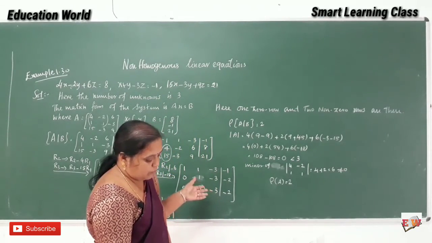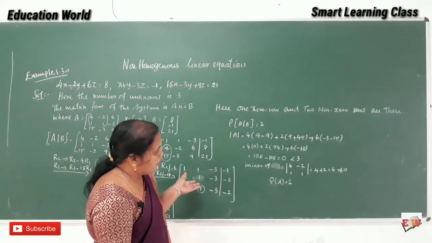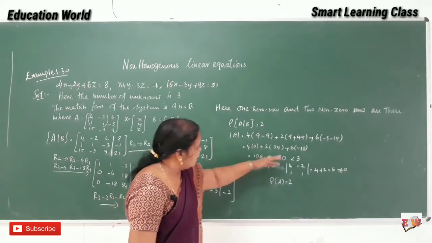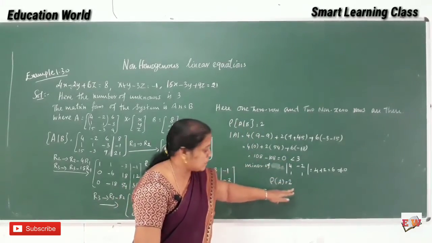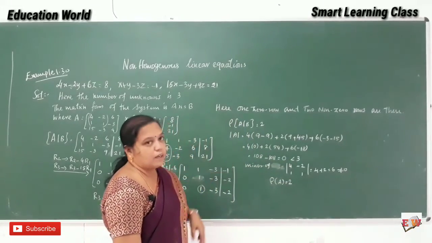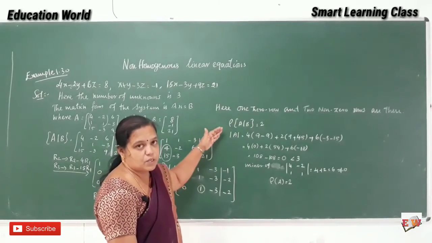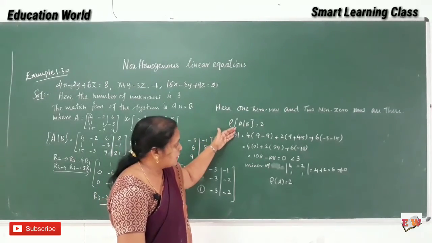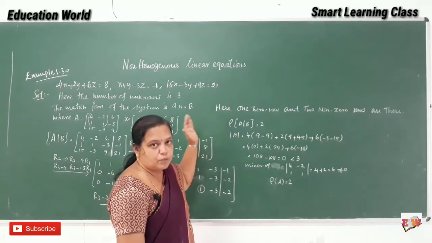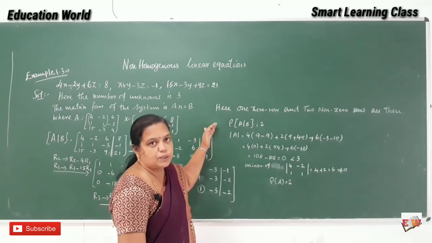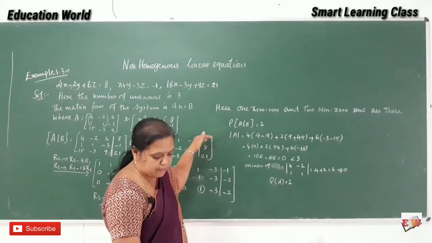So from the echelon form we get the rank of the augmented matrix also as 2, isn't it? So both are equal. The rank of the coefficient matrix is equal to the rank of the augmented matrix.